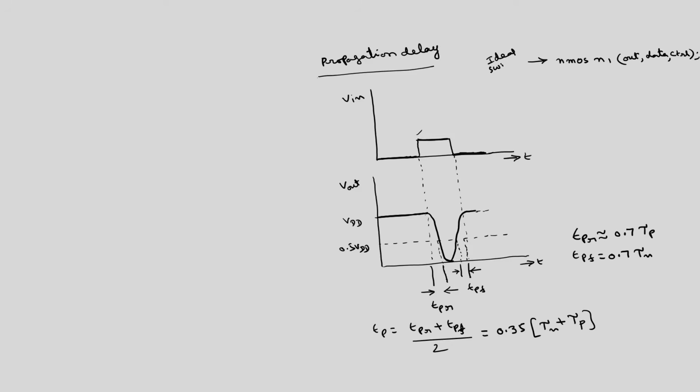This corresponds to the ideal switch. If I take the resistive switch, we get rnmos n1 (out, data, control).